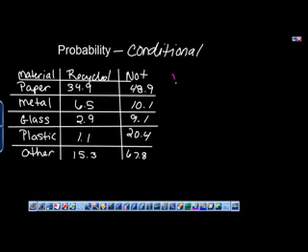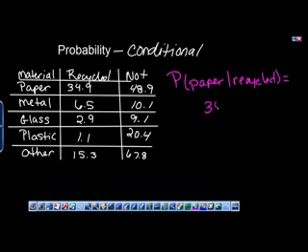So here's how we write that. The probability of paper being recycled equals what? To figure that out, we need to know the paper, 34.9, and out of how much was recycled.